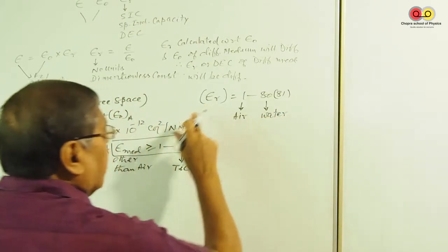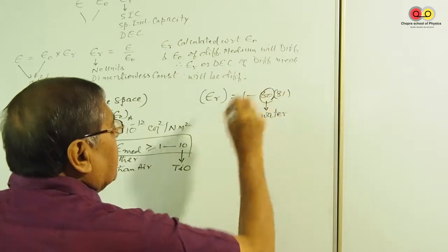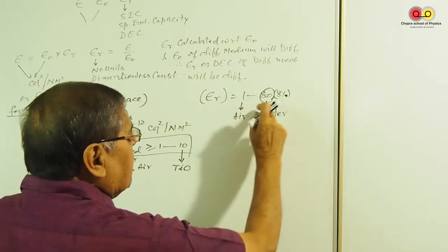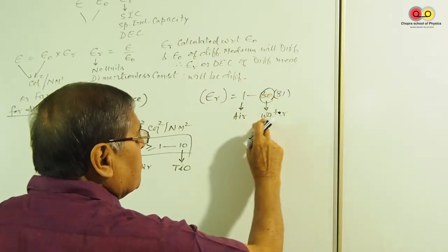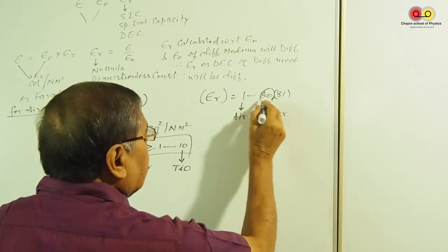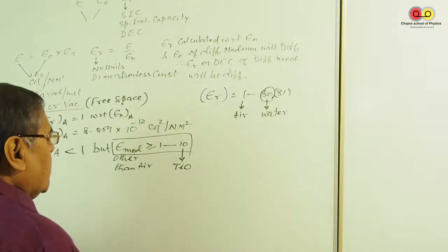So dielectric maximum is 80. There is no medium whose dielectric constant is ever greater than 80. That is only for water. So range of dielectrics 1 to 80. Range of permittivities 1 to 10.